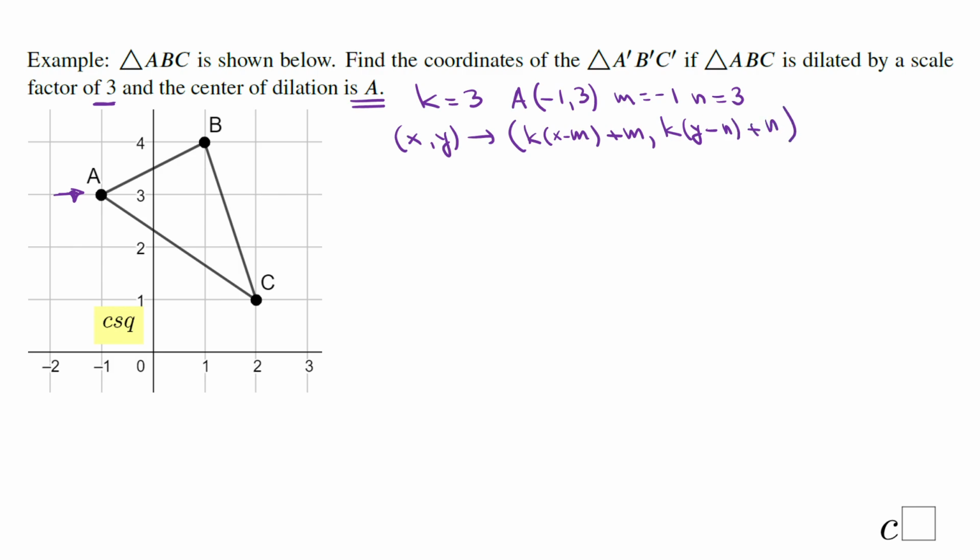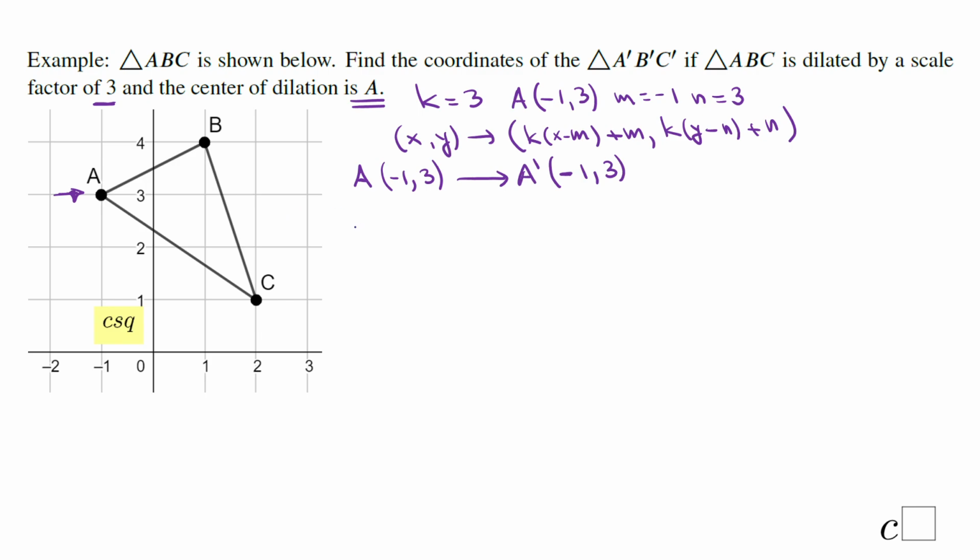Like I said, if you write this formula a couple times, then you will remember. And now let's start with A. In fact, you don't have to do anything. A is negative 1 and 3, it is gonna stay the same. You can use the formula if you want. You will see you end up with the same point. Why? Because that is the center of dilation.